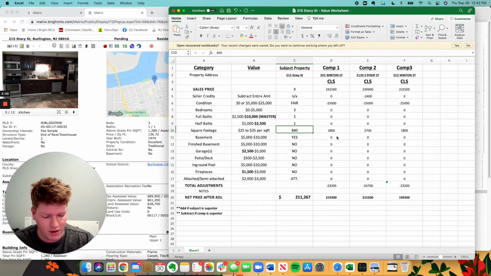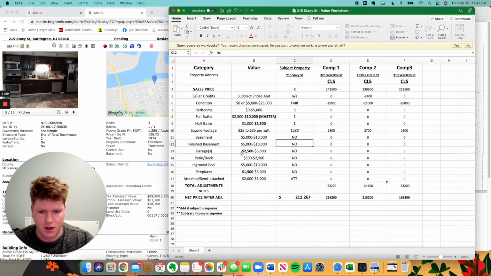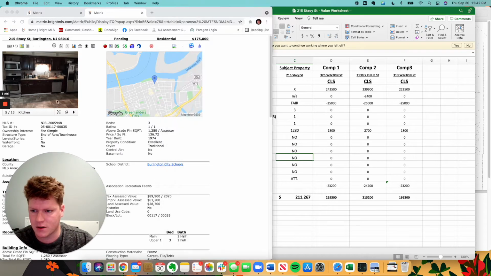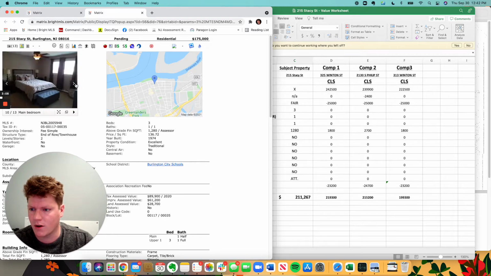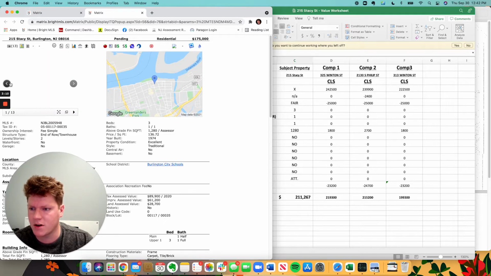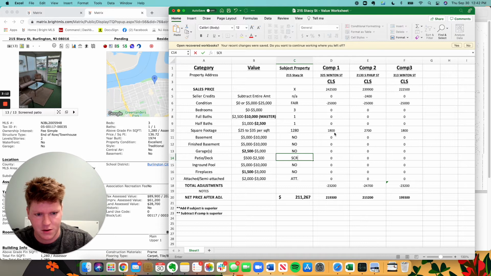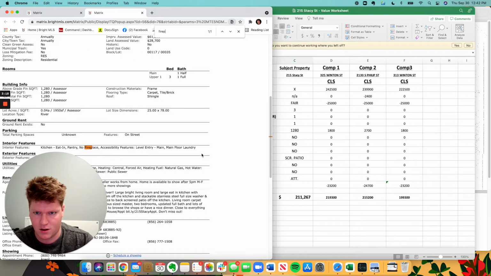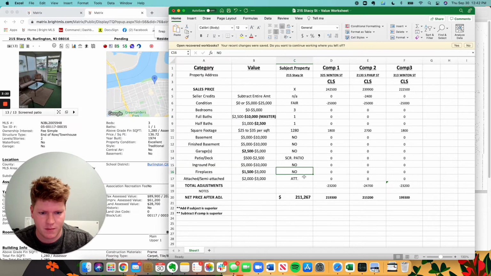Square footage is 1280. Is there a basement? No. Finished basement? Obviously no. No garage. There looks like you'd call it a sunroom? Let's see what they call it. Screened patio. In-ground pool? No. Fireplace? Doubt it. Look. No fireplace.